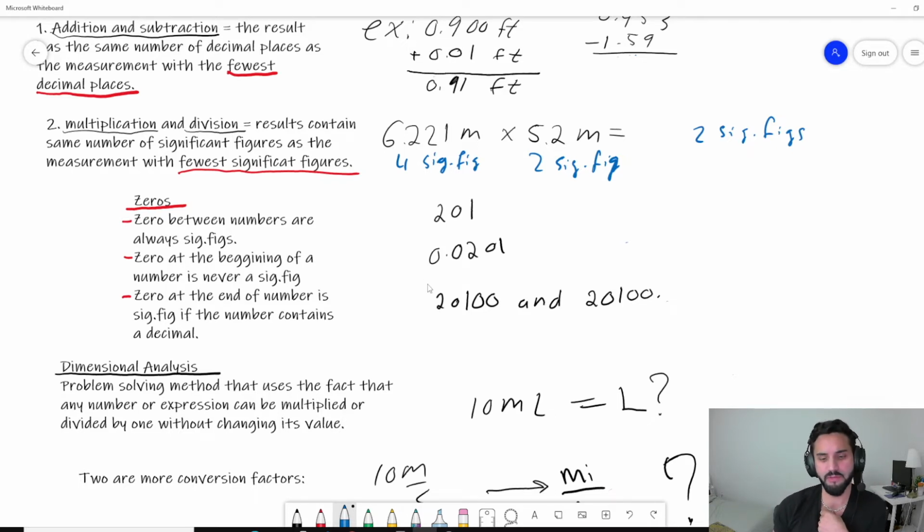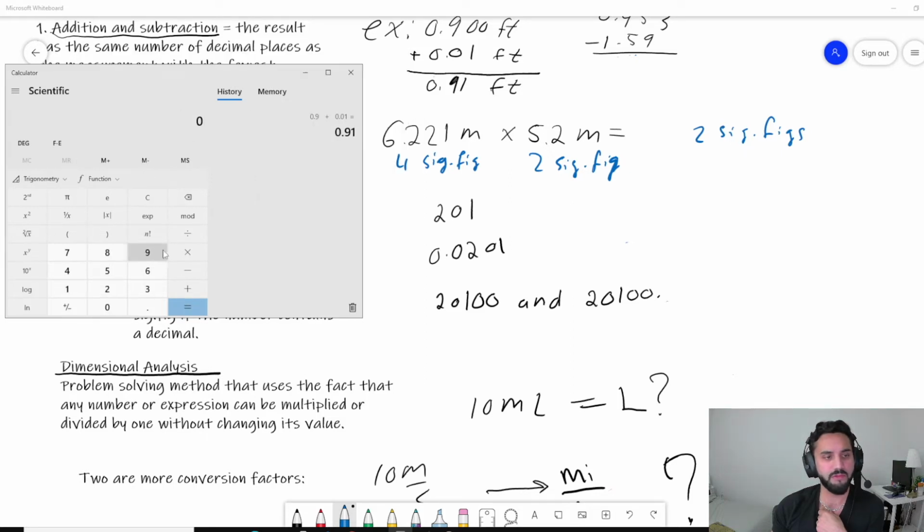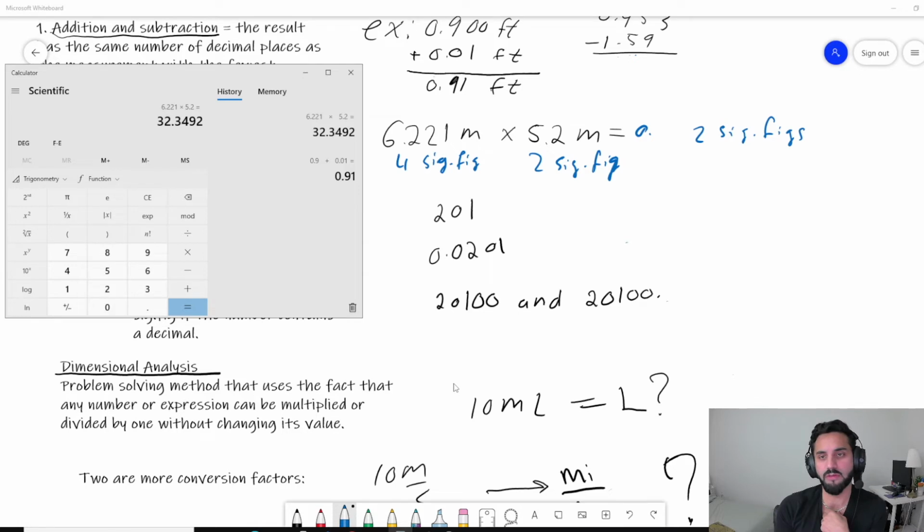If we multiply these numbers, 6.221 times 5.2, what do we get? We get 0.91, and the answer is in two sig figs already, so 0.91.